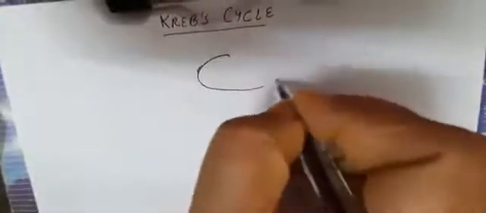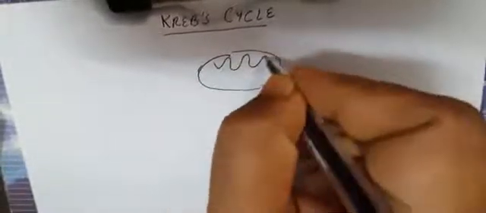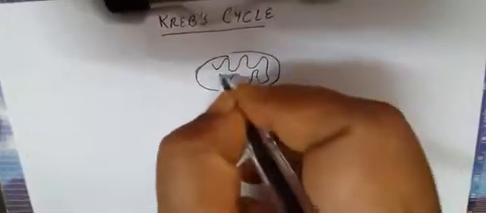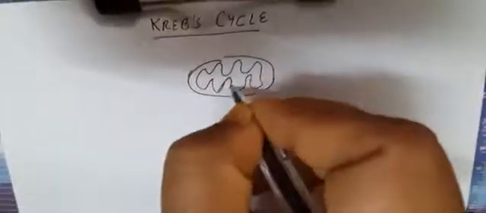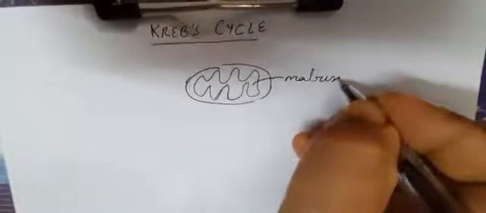So suppose this is the mitochondria, so this will be the mitochondrial matrix, and this will be the cytoplasm.